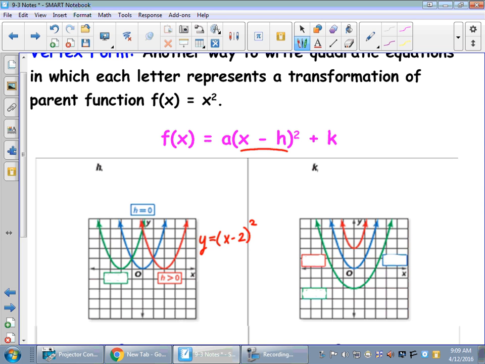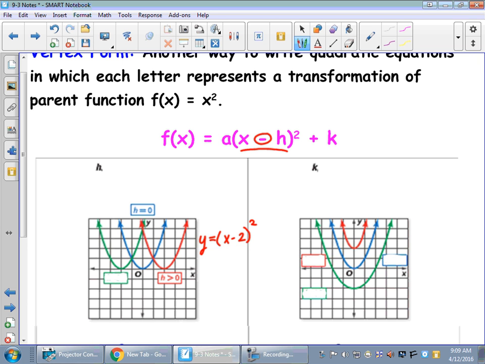Even though in the equation it looks like a negative, it only looks like a negative because that's what the vertex form does. It's saying minus there. That minus is part of the form, and the 2 is positive. The h value is actually positive.